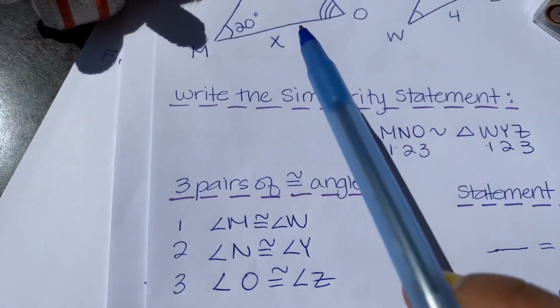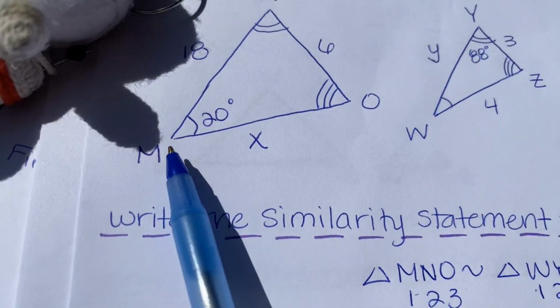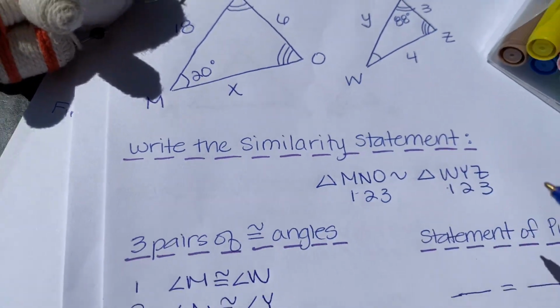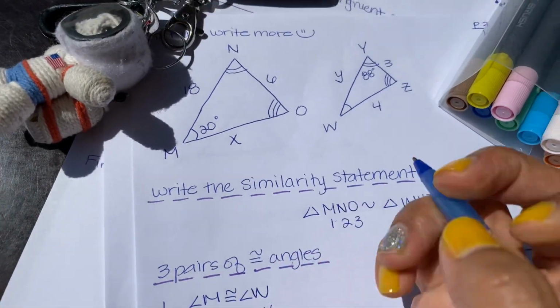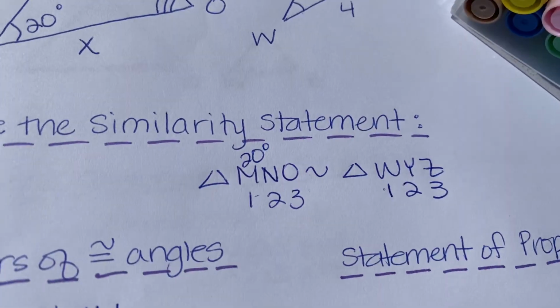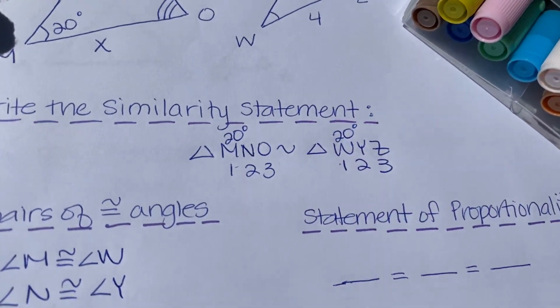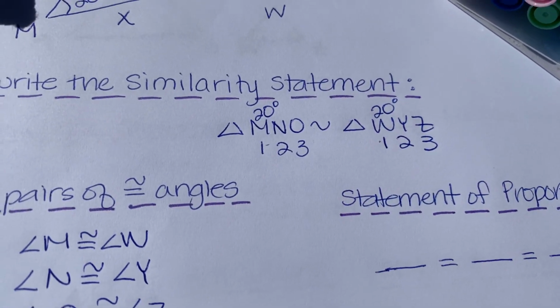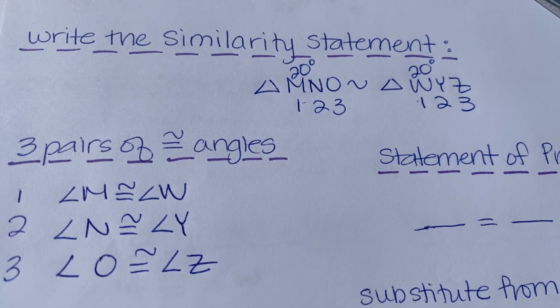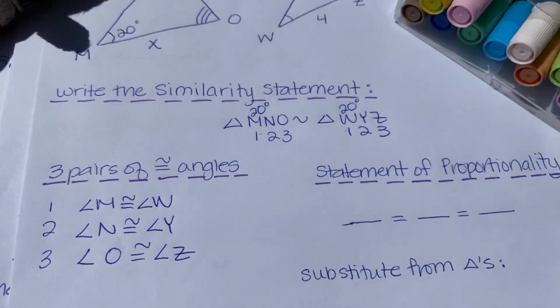Notice, I have a degree for angle M. It's 20. I have 20 degrees. So if I have 20 degrees here for M, wouldn't that also, by similarity rules and congruency, mean that angle W would be 20 degrees, right?